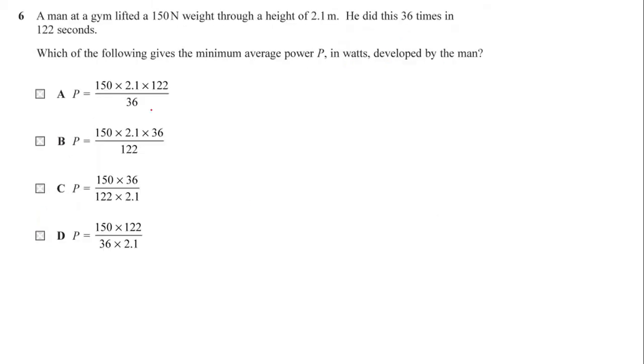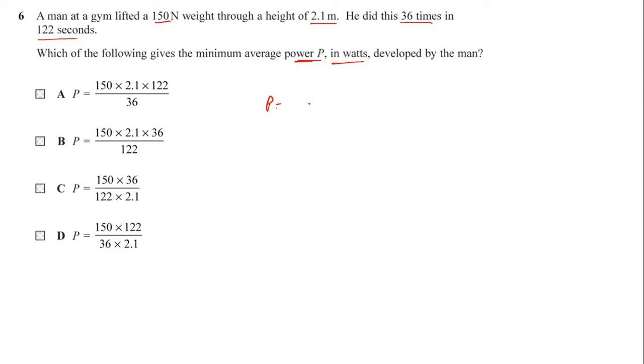Question number 6. A man at the gym lifted a 150 Newton weight through a height of 2.1 meters. He did this 36 times in 122 seconds. Which of the following gives the minimum average power in watts developed by the man? So you need to find power.